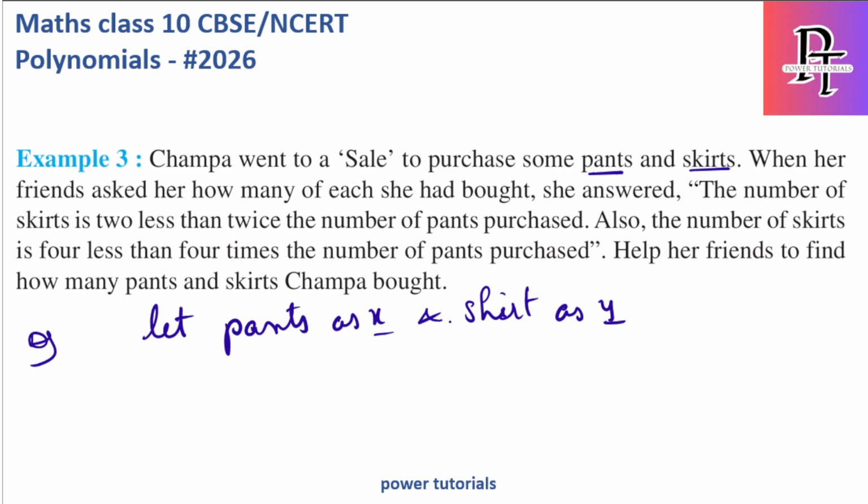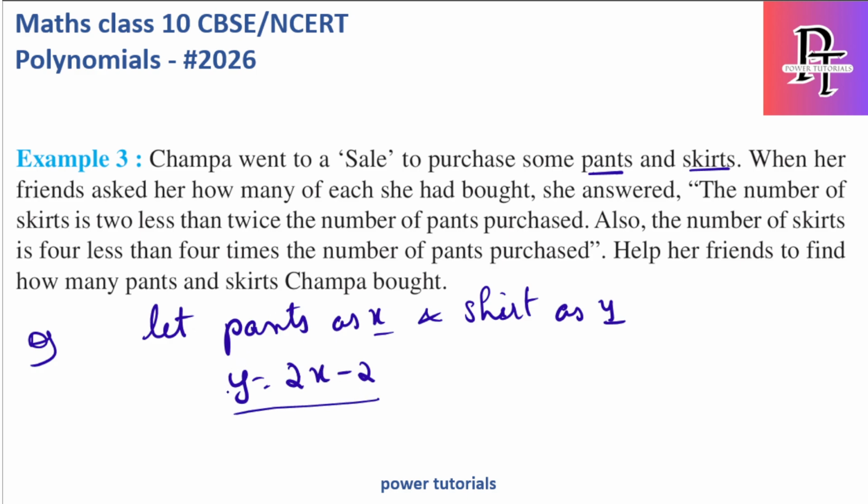It can be vice versa as well. But as per my convention, I'm taking the first variable as x and the second variable as y. So let's see the first condition. The number of skirts is 2 less than twice the number of pants. The number of skirts means y. y is 2 less than twice the number of pants. Okay, this is the condition.